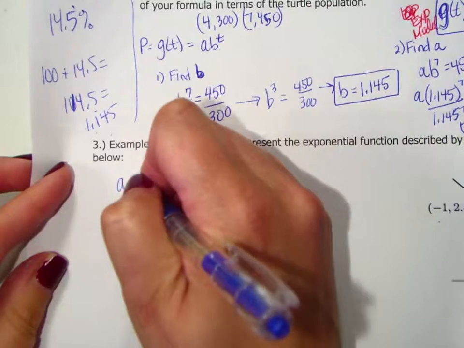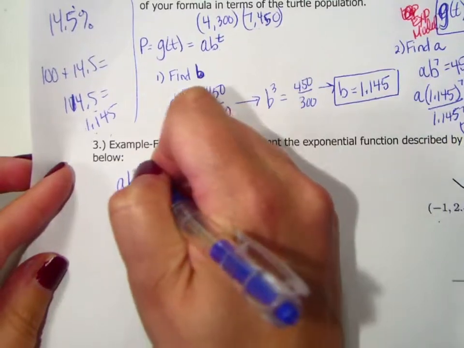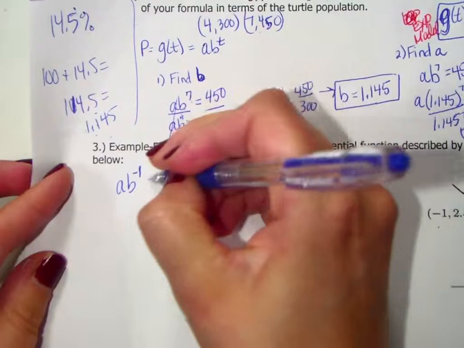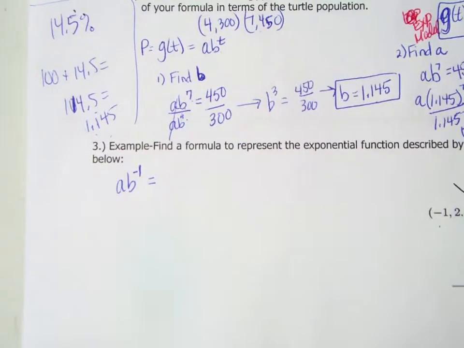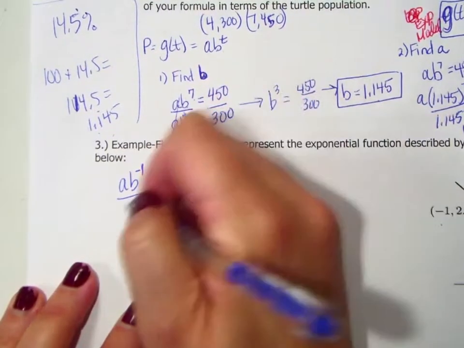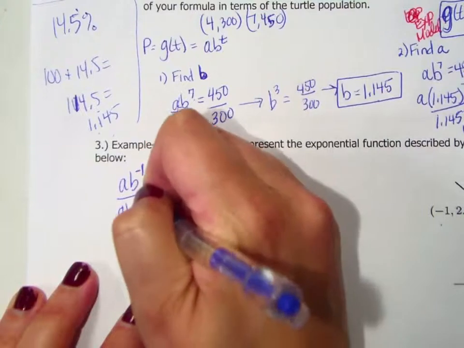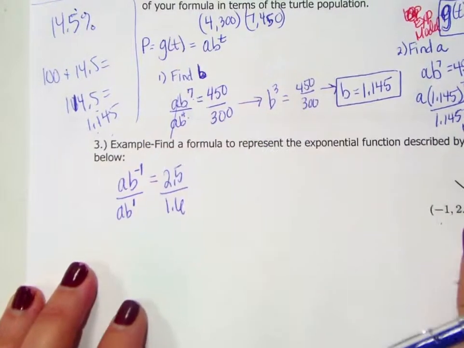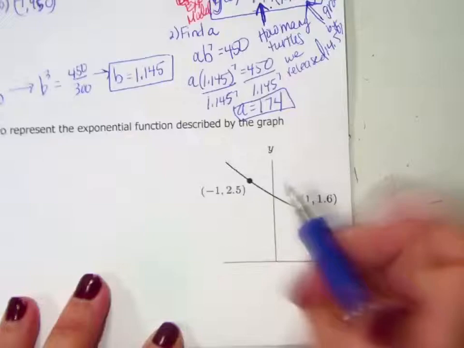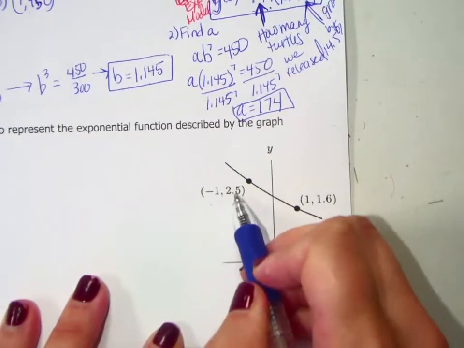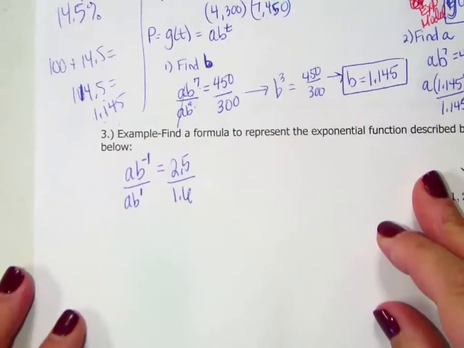So this means that ab to the -1 power equals 2.5, and ab to the first power equals 1.6. So I use essentially the x value as the exponent, the y value is what it equals.